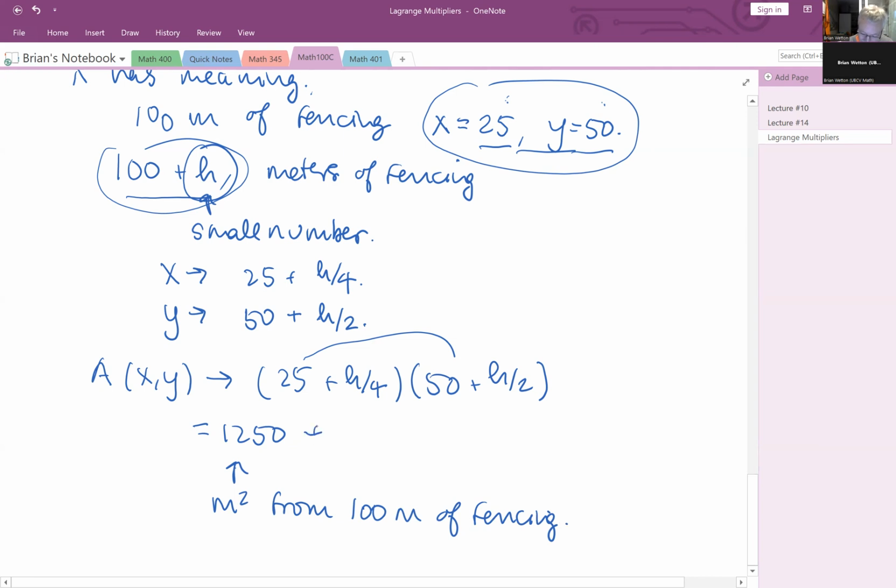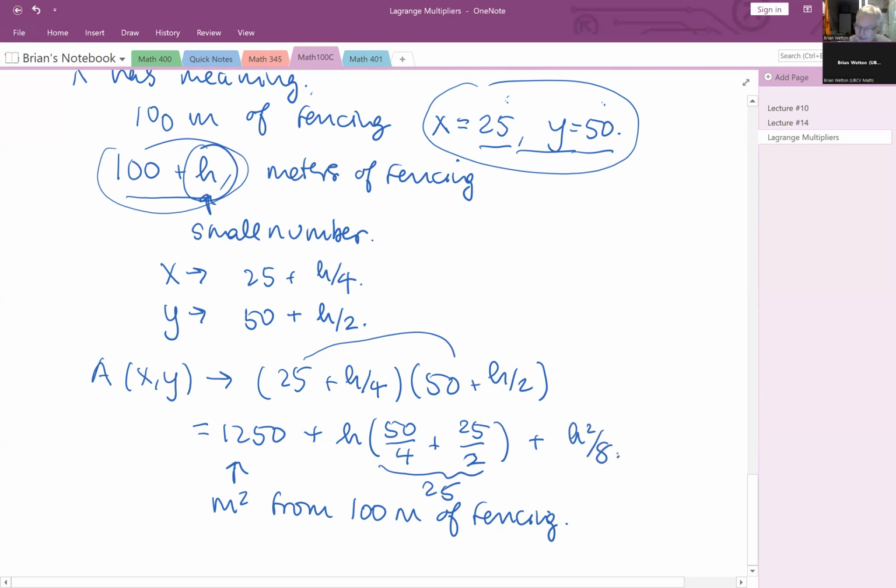And then I'm going to have an h term, which is going to be 50 divided by 4 plus 25 divided by 2, which, funnily enough, is 25. And then I've got an h squared divided by 8 term.